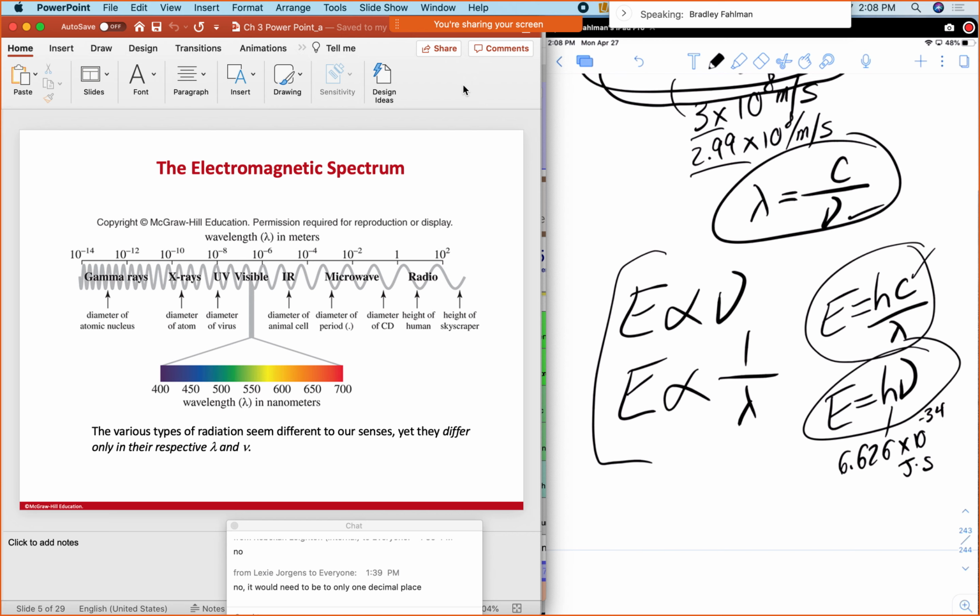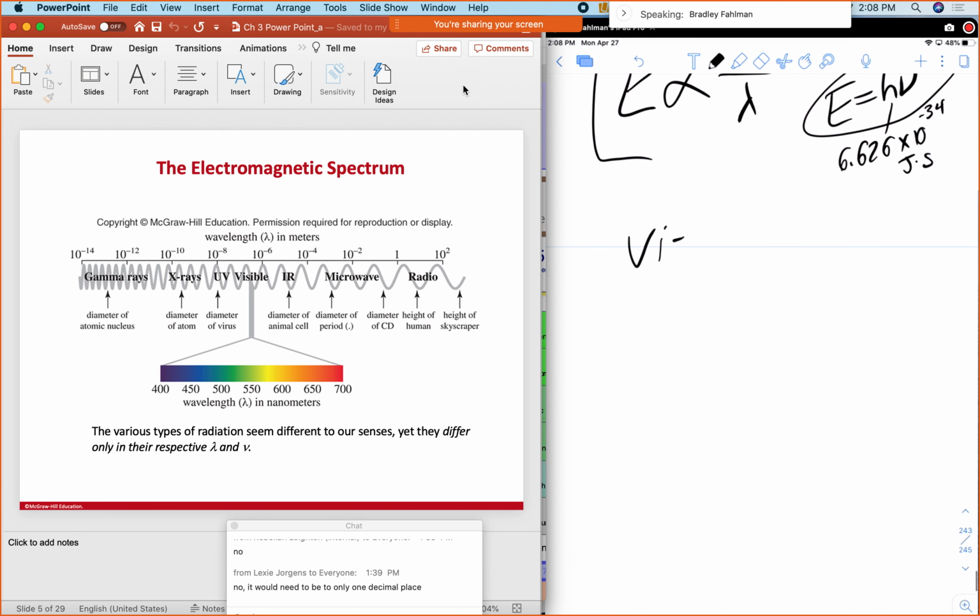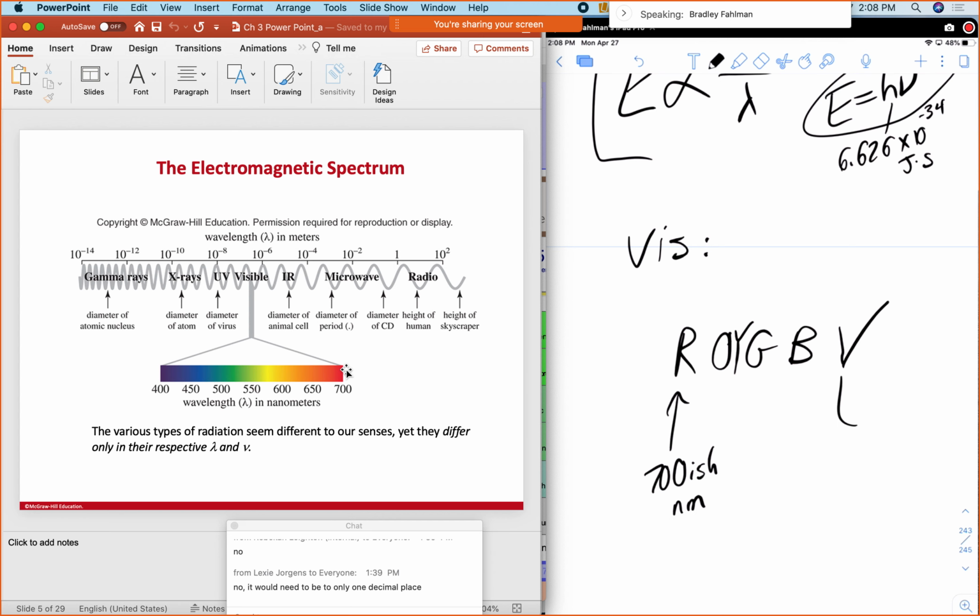And then as far as the visible range, you should know that the longest wavelength is at the red end. Whoops, I forgot yellow. Okay, ROY G. BIV. So this is the longer end, like 700-ish nanometers, and this is down at the 300-ish nanometers.